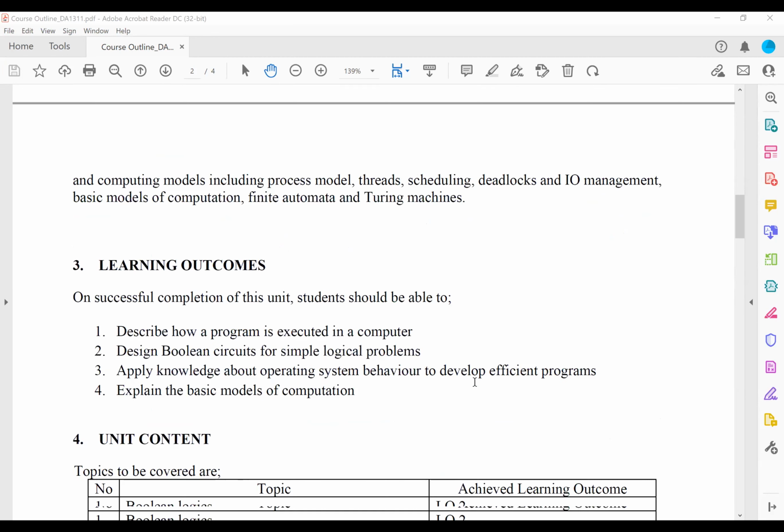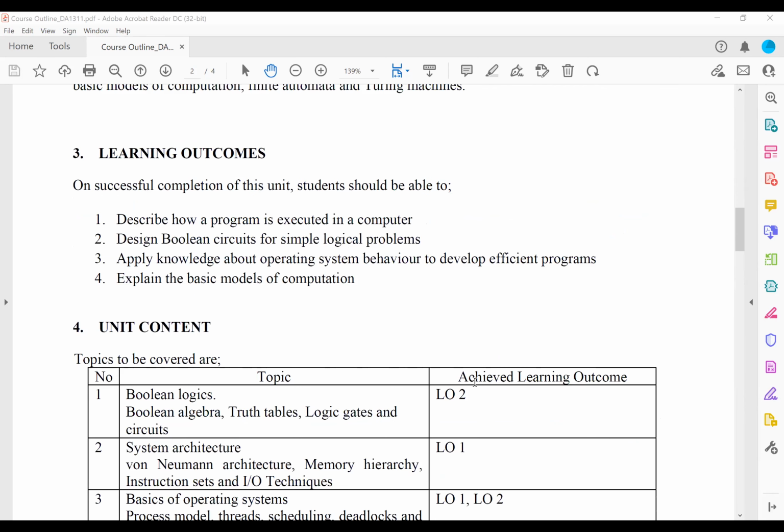Here you can see the learning outcomes of this course. From this course you will be able to describe how a program is executed in a computer, and you will get a basic idea about logical circuits, so that you will be able to design some logical circuits.